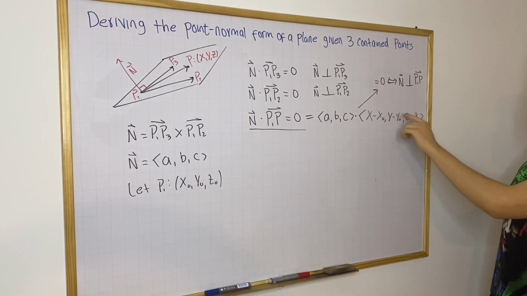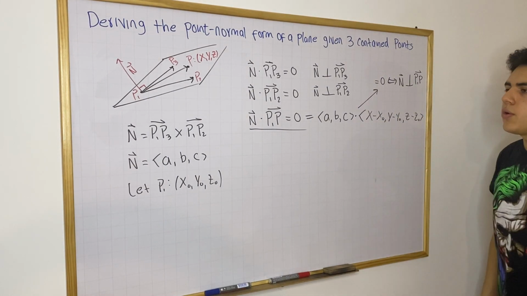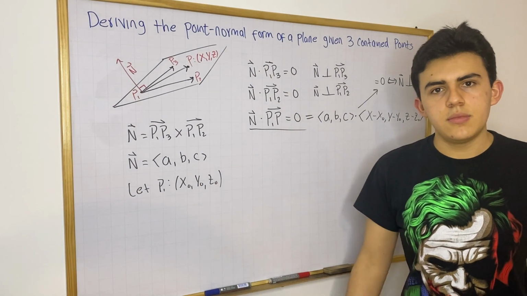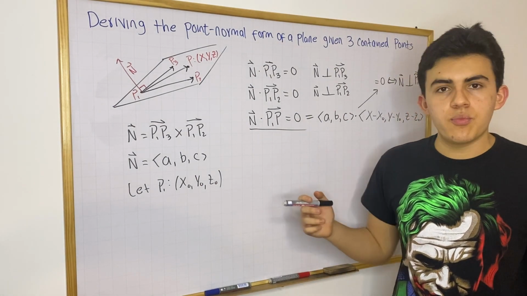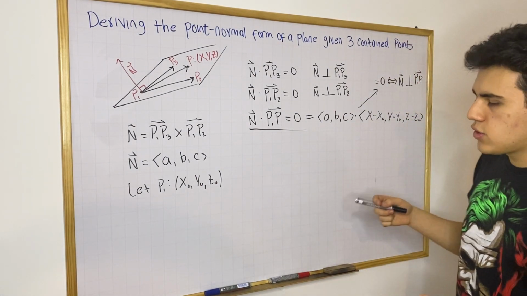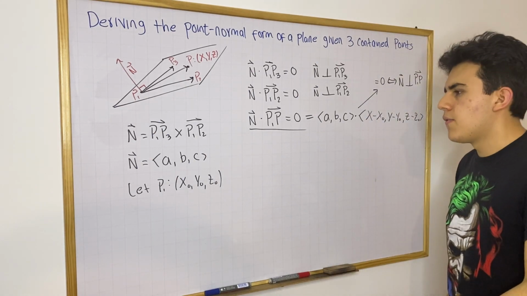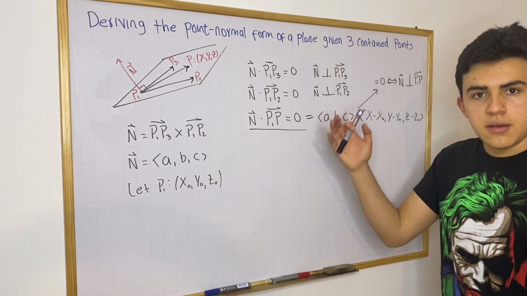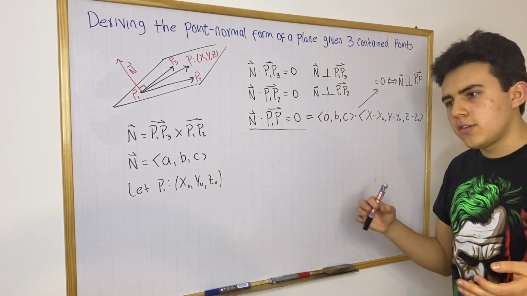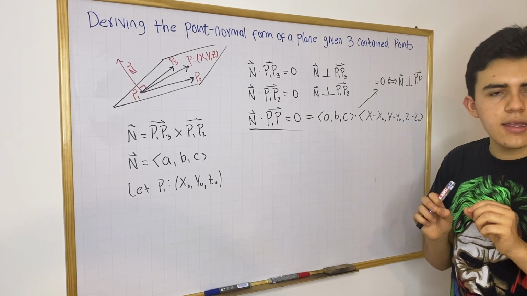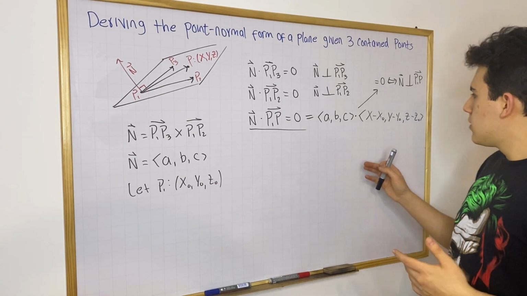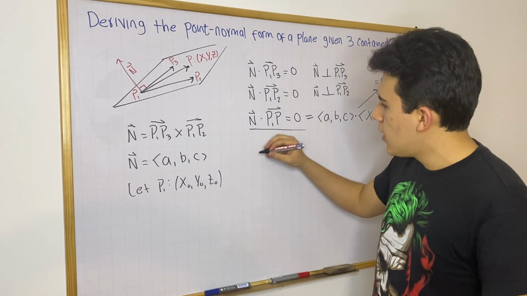So this dot product will be equal to 0, and now you can just use the series formula for the dot product. The formula in which you multiply the corresponding components: the sum from i equals 1 to n, if you have n dimensions, of a sub i times b sub i, okay?